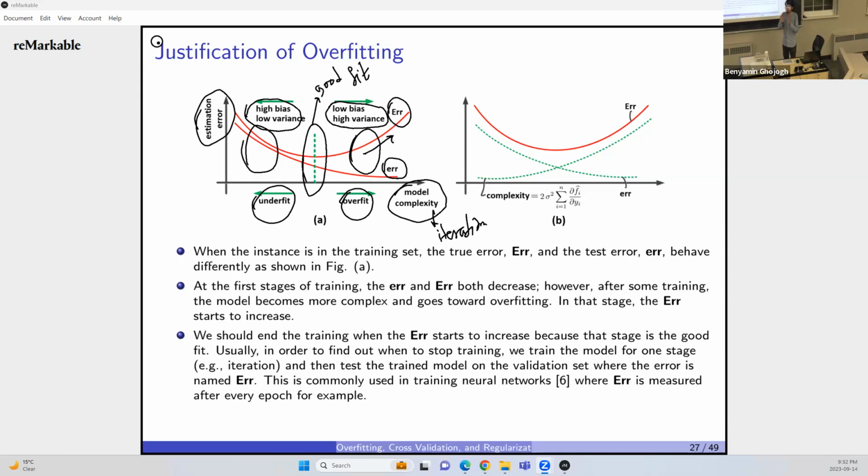Now, let's justify mathematically. Why does this error go up? While this training error goes down, this true error or validation error goes up. Can you tell me?